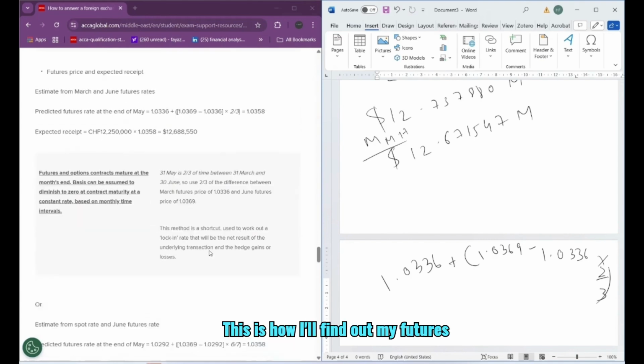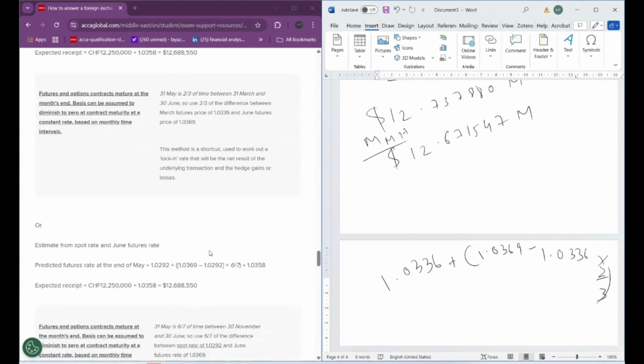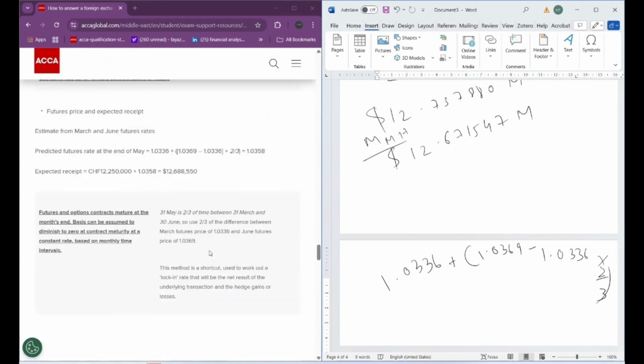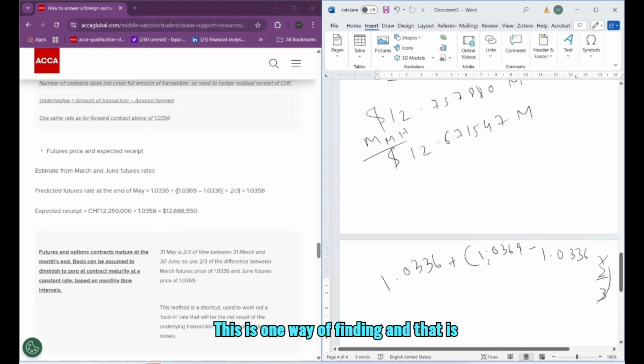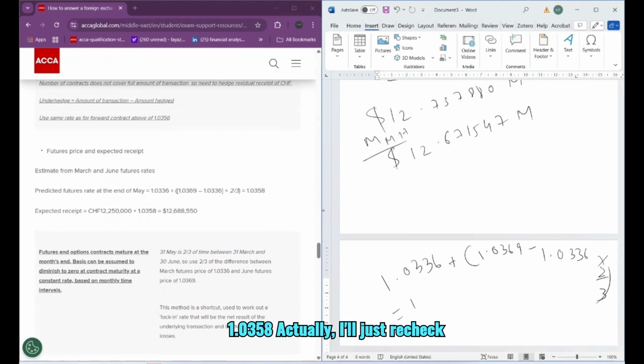This is how I'll find out my futures price as on 31st May. This is one way of finding, and that is ending up giving me 1.0358.